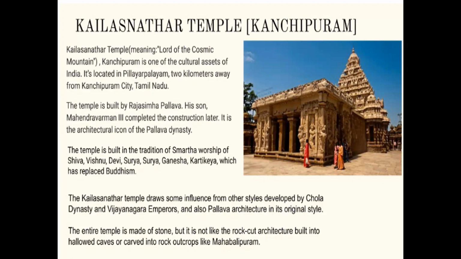The Kailasanatha temple draws some influence from other styles developed by the Chola dynasty and Vijayanagara emperors, and also Pallava architecture in its original style. The entire temple is made of stone, but it is not like the rock-cut architecture built into hollowed caves or carved into rock outcrops like Mahabalipuram.